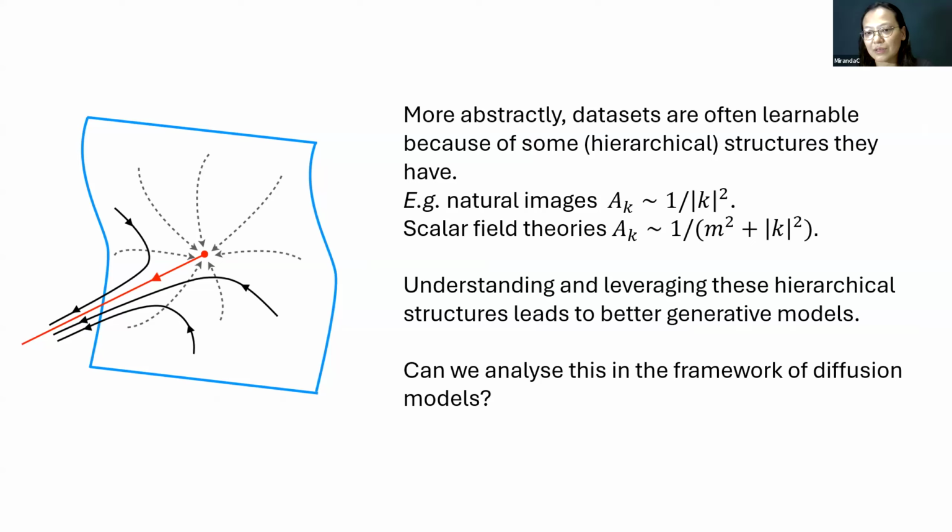For instance, in natural images, we know there's this famous approximate scale invariance. This is to be compared with, for instance, the amplitudes of scalar field theories. Understanding and leveraging these hierarchical structures oftentimes leads to better generative models. So can we analyze this in the framework of diffusion models?